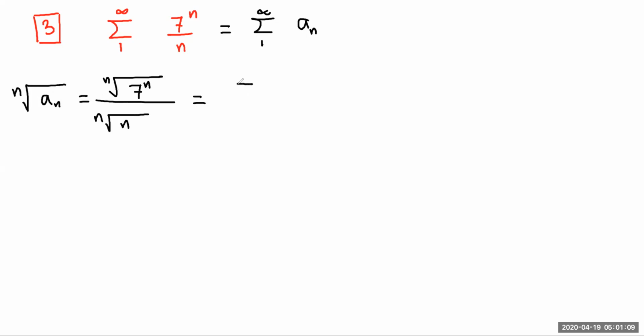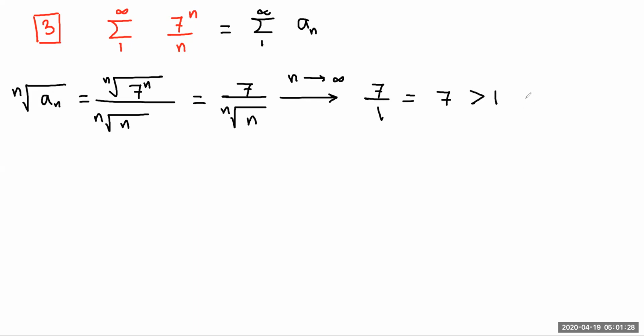So we can write this as 7 over the nth root of n. What is the limit when n goes to infinity? It's 7 over 1. The limit down is 1 using the last rule. So it's 7, and 7 is bigger than 1.